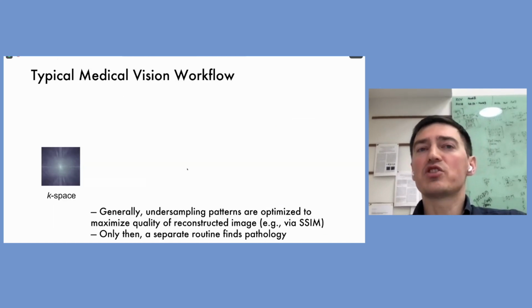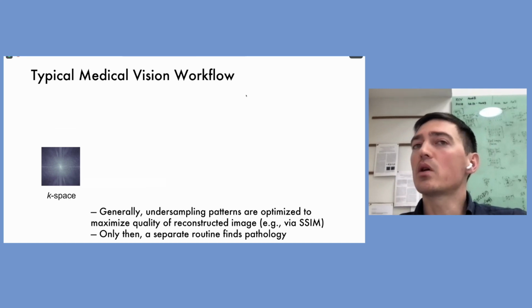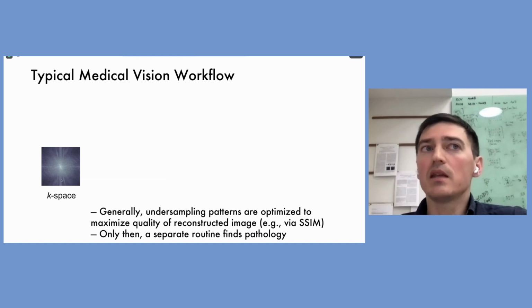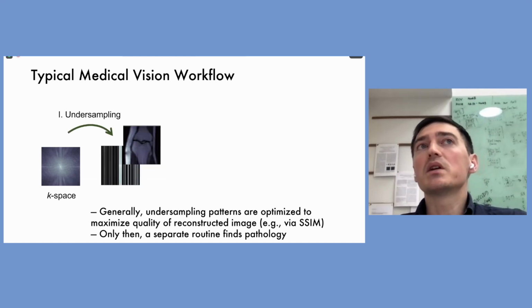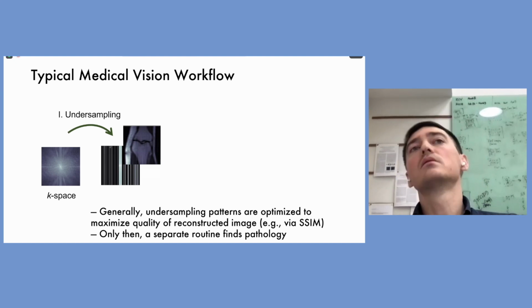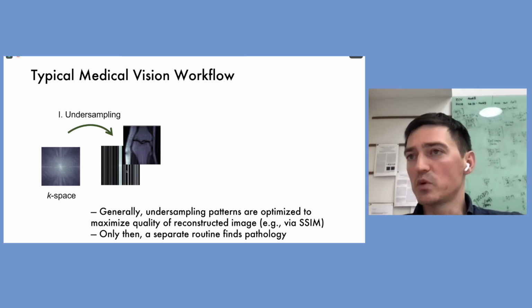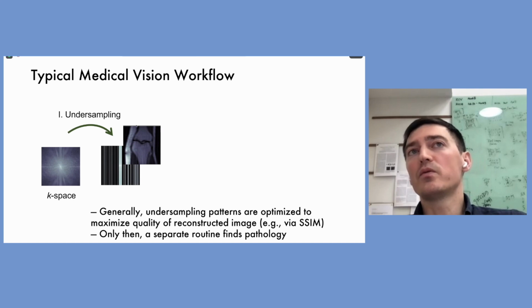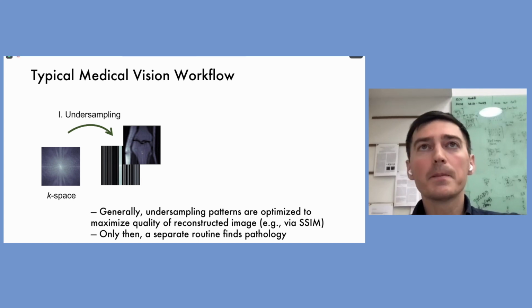I will pretty much describe the general medical vision workflow, and it is like that. Okay, you first obtain that k-space image, right? And typically you want to do undersampling to accelerate that. Essentially, just like we described just now, you take the sparse sampling approach and don't resolve every frequency, and you do your inverse Fourier transform and recover the image that looks blurry.